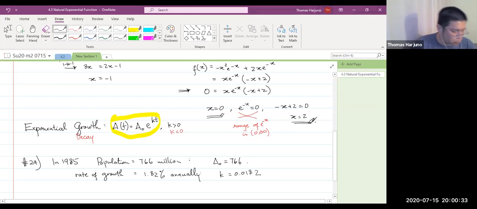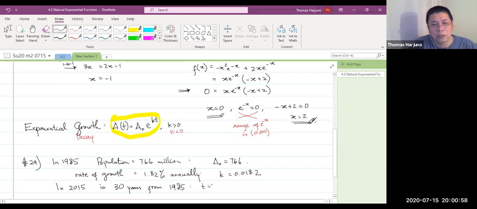Now, assuming that this rapid growth rate continues, estimate the population in 2015. 2015 is a mere 30 years from 1985, so the t is 30.